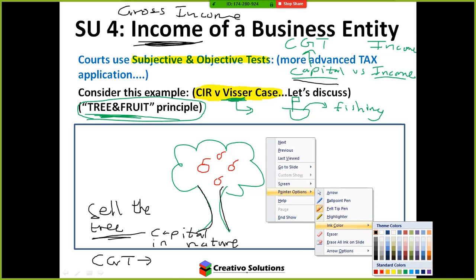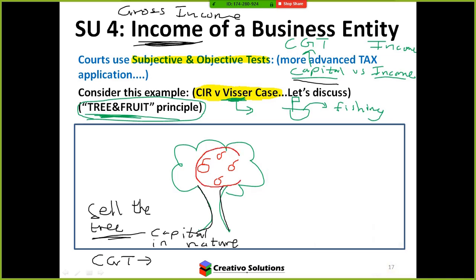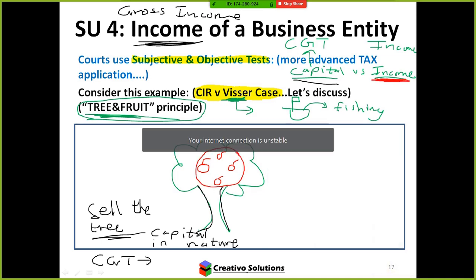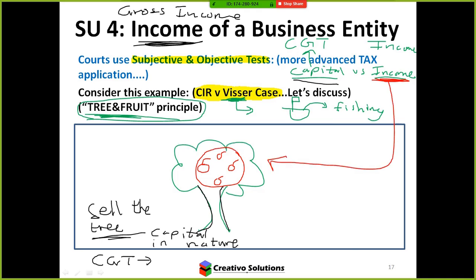The fruit is income. And that's what you have to do when you're given a theory question. The income is the fruit. I like to remember it this way: I just remember the word FISA, the FISA case, and I just look at that first bit, FIS.